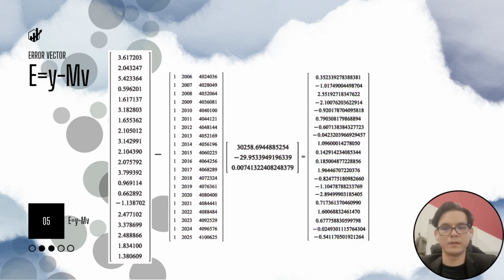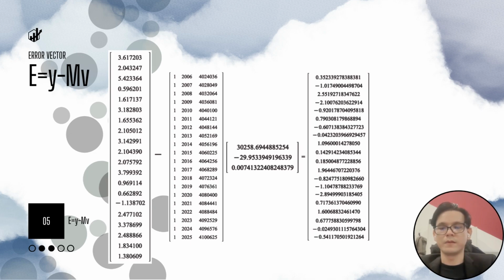In this slide, the error vector is calculated. The error vector is represented by E equals y minus Mv, where y represents the observed data and Mv represents the predicted value generated from the quadratic model.